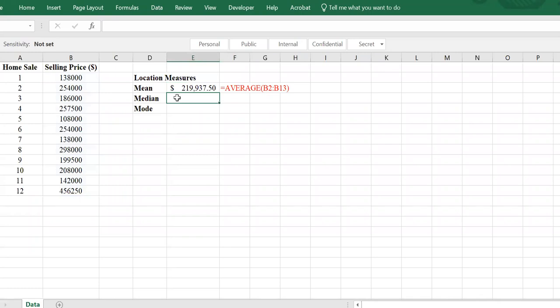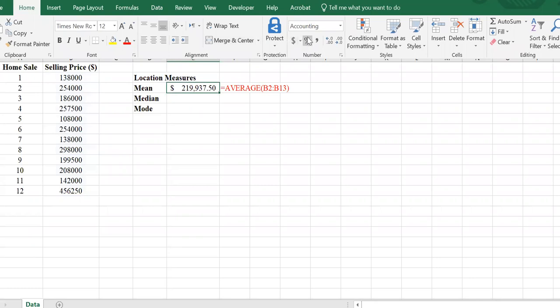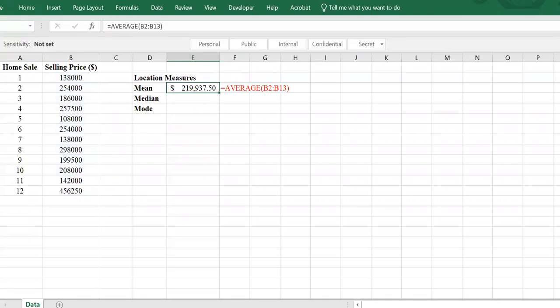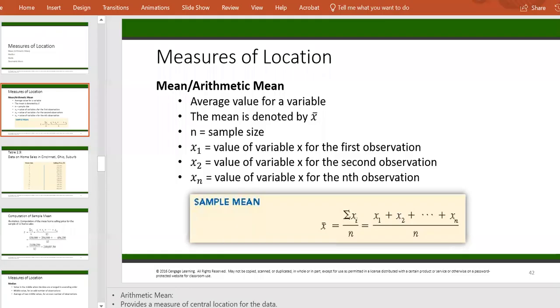That's just it, and it's already been set to give you dollar values. But if you want to change it, you can change it here. But that's fine for now. So that's mean. That's the average.